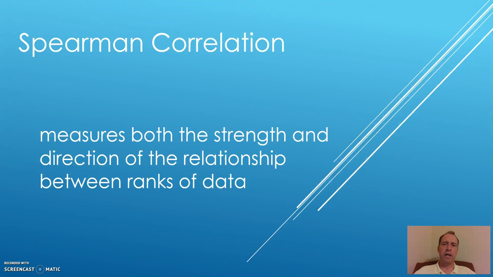The Spearman correlation is kind of like the Pearson correlation plus. So it's an advanced version of the Pearson correlation, if you will, because it measures not only the fact that there is a relationship and the direction of the relationship, but it measures the strength of the relationship as well.